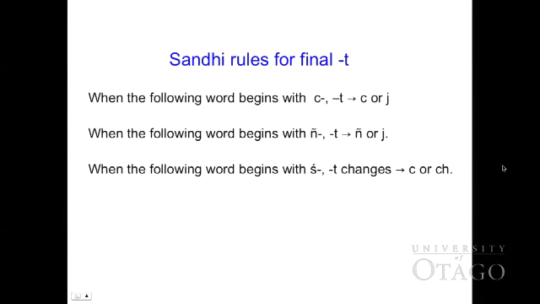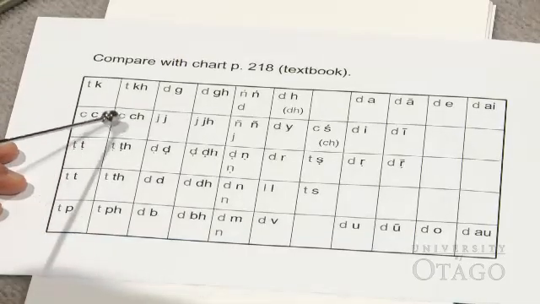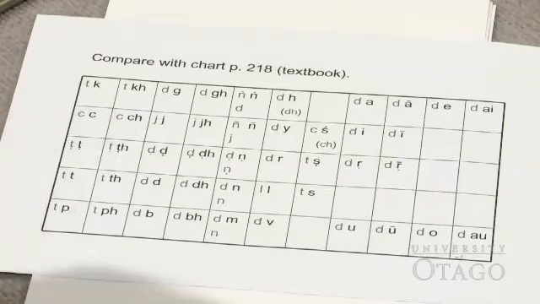Sandhi rule for final T. Rule number 1. When the following word begins with C or J, you can change T to C or J. Okay, again, when the following word begins with the consonant ca, ja, you can change T to C or J. See from this chart, you can change T to C, following with ca, cha.